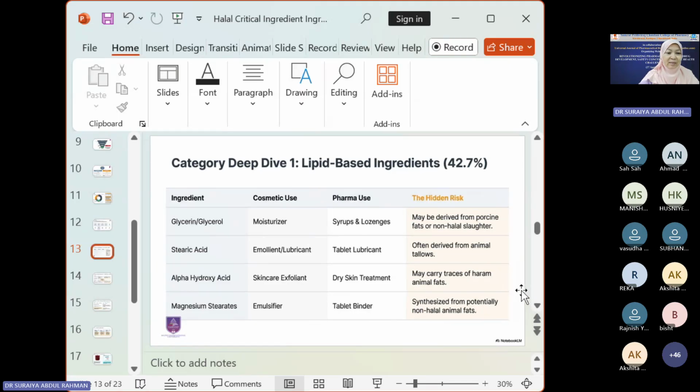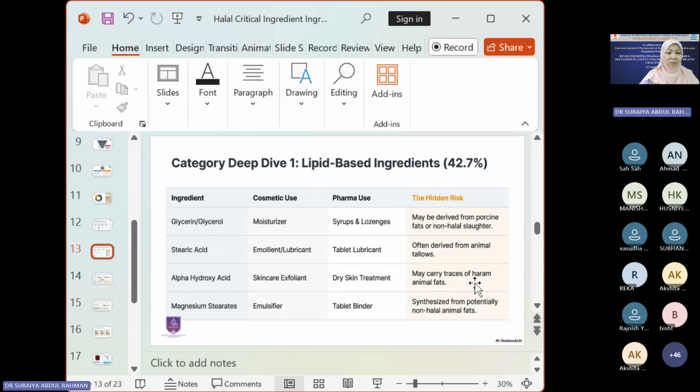Stearic acid is commonly used as an emollient and lubricant in cosmetics, and in pharma it is used as a tablet lubricant. This is often derived from animal tallow. Alpha hydroxy acid is commonly used as a skincare exfoliant, and in pharma as a dry skin treatment. This may carry traces of haram animal fats.